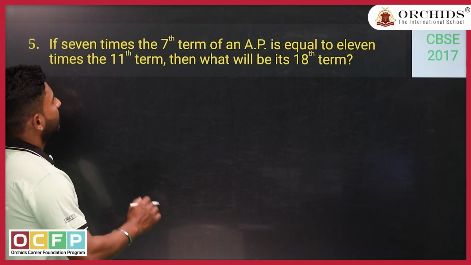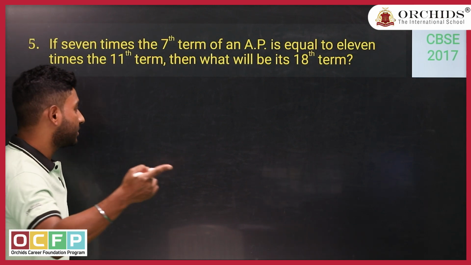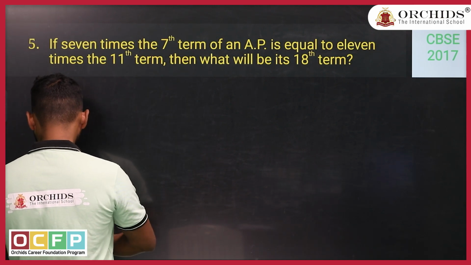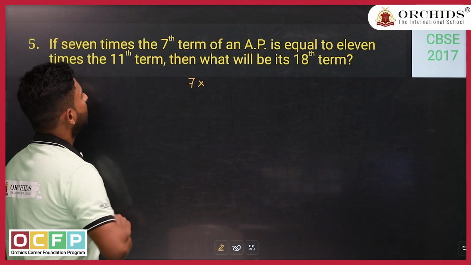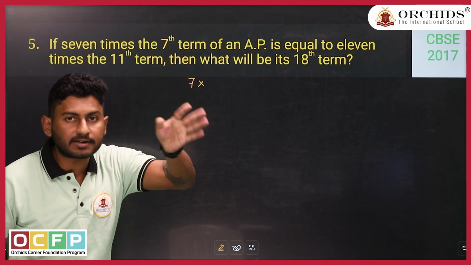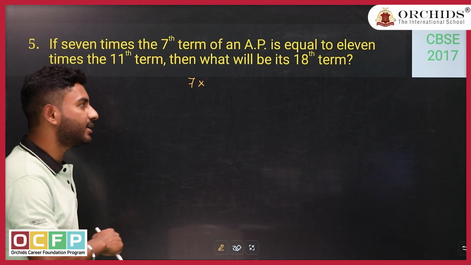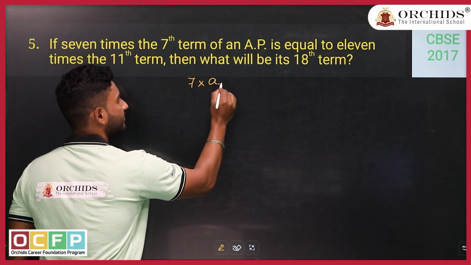What is given? 7 times the 7th term. How do you designate 7th term? A7, right?